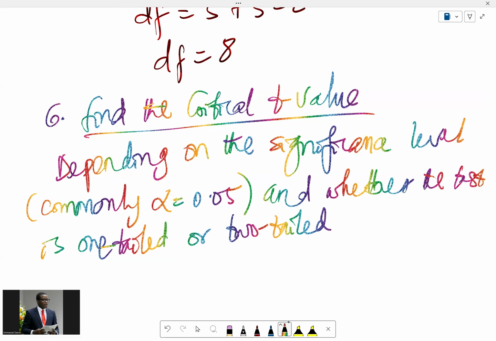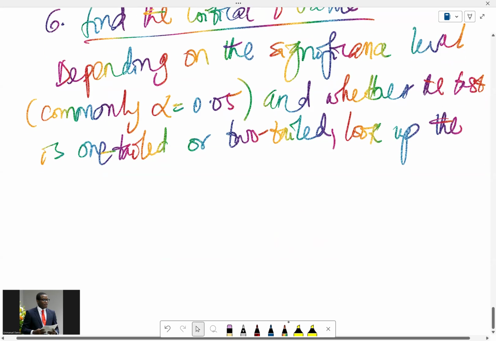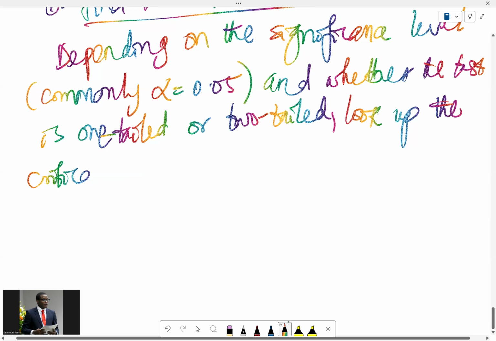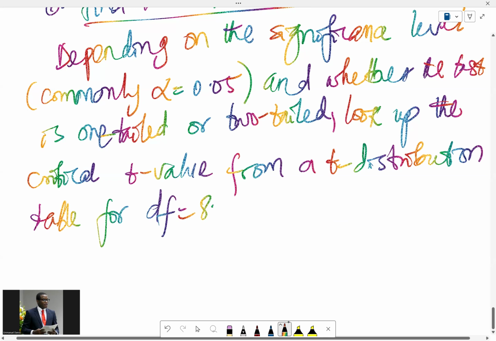And whether the test is one-tailed or two-tailed, we now look up the critical t-value from a t distribution table for degree of freedom equals 8.